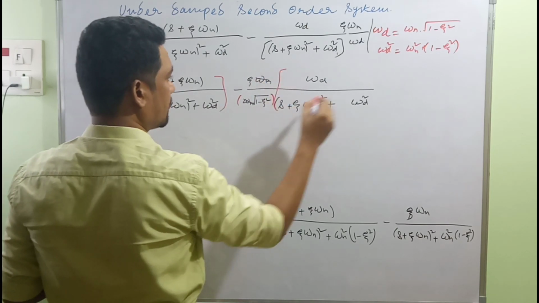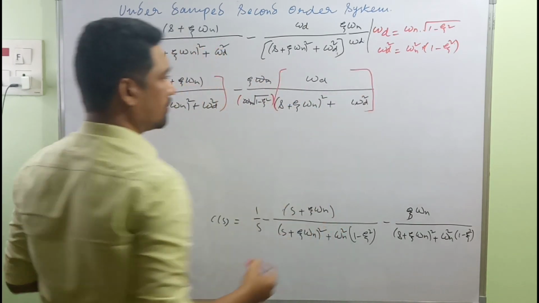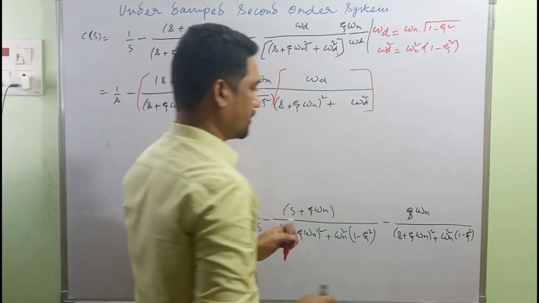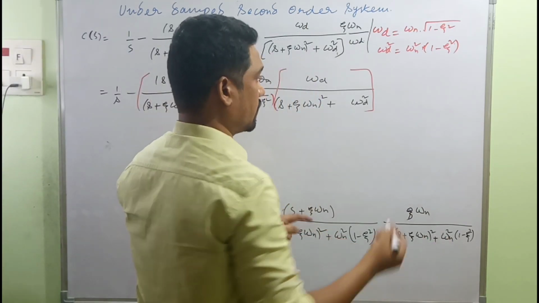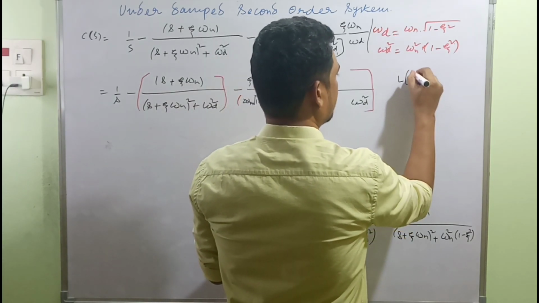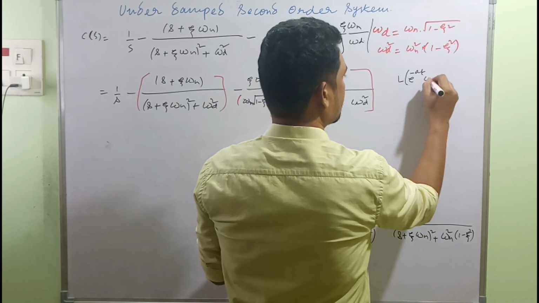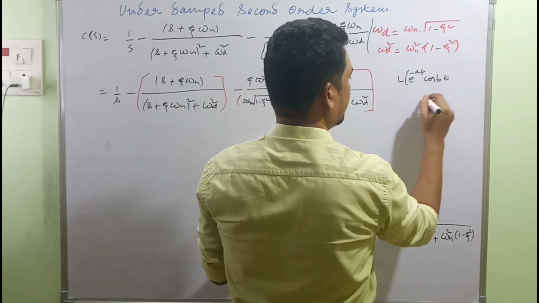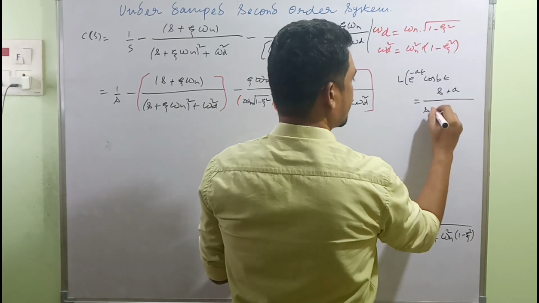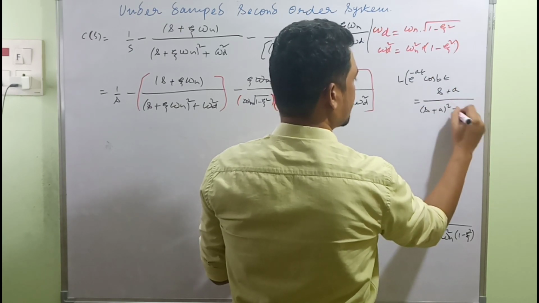This ratio and this ratio are a valid Laplace transform pair. You can find the proof: the Laplace transform of e raised to minus at cos bt will be equal to s plus a by (s plus a) whole square plus b square.